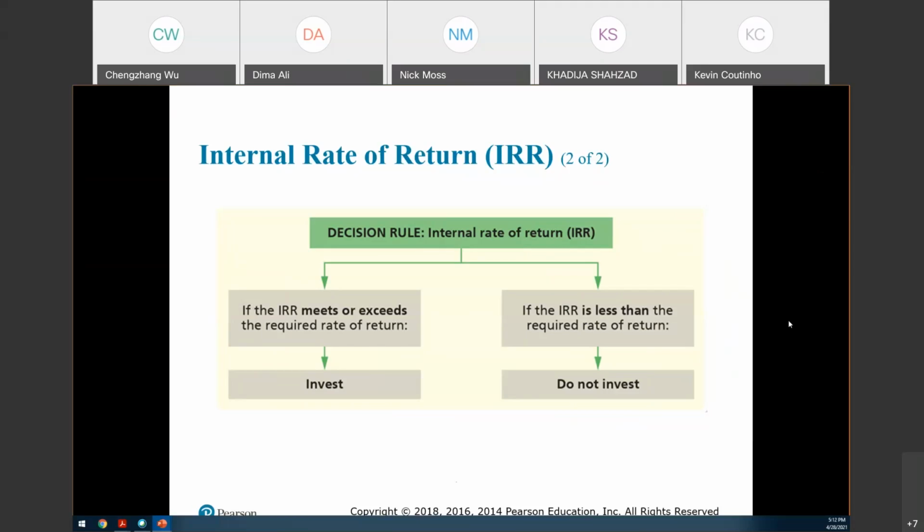Many computer programs such as Excel have this feature to help you get the IRR of a specific project, given the information that you know.